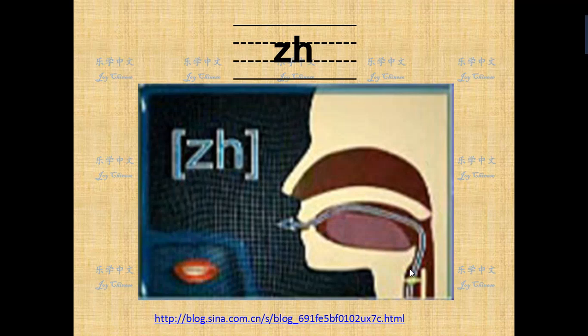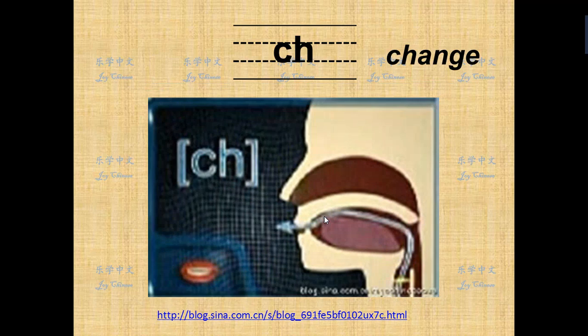Then bring a very weak gas flow and break through your tongue like it shows here. So the airflow actually passes through the tip of the tongue. Say, zh, zh.